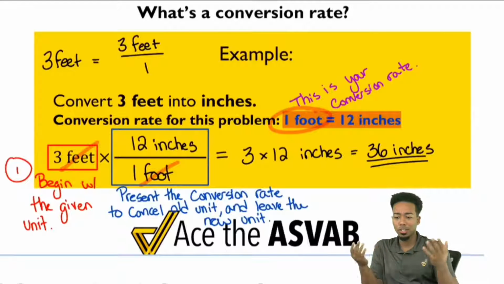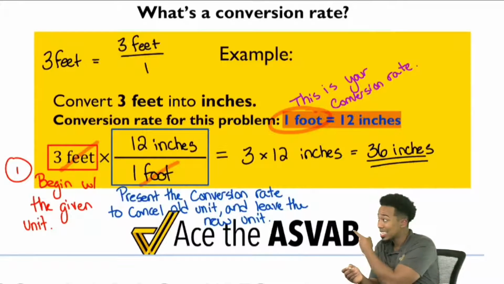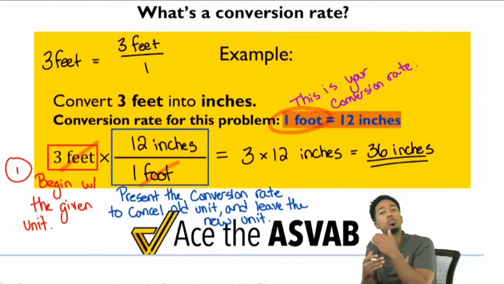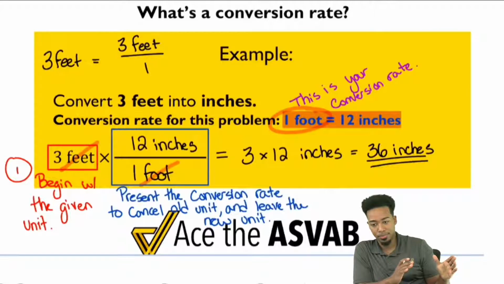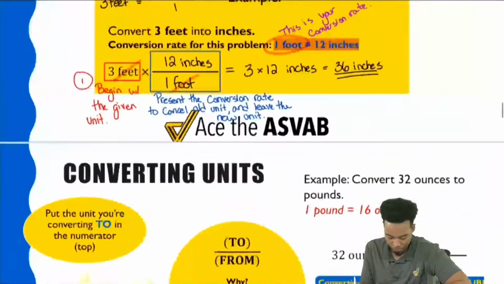That's the question of the year, and this answers that question. If you follow the conversion rate, you'll be able to tell full and well whether you're going to be multiplying or dividing. So let me show you how.